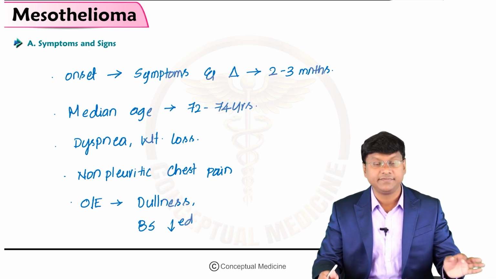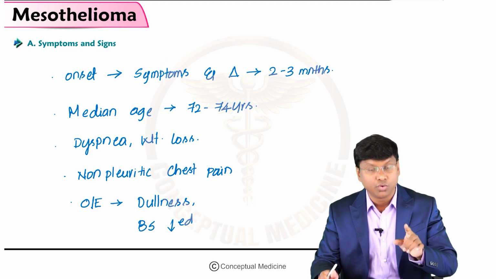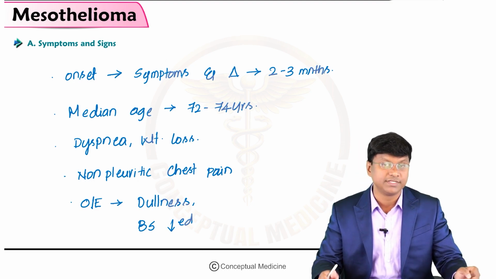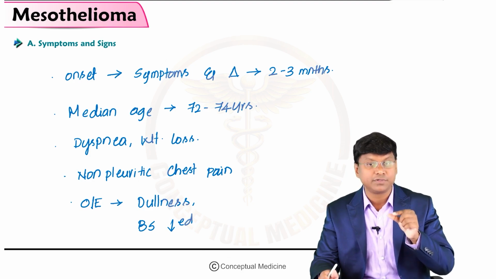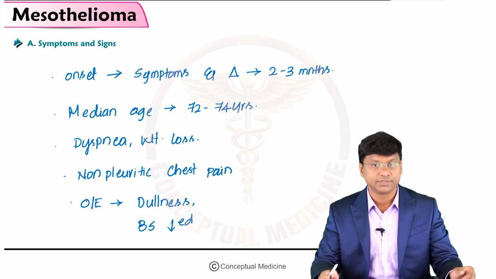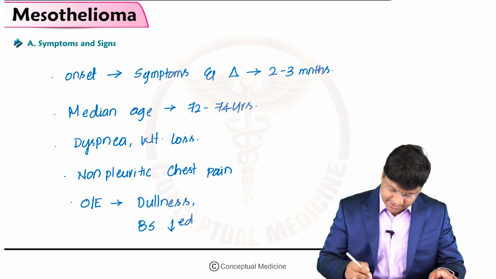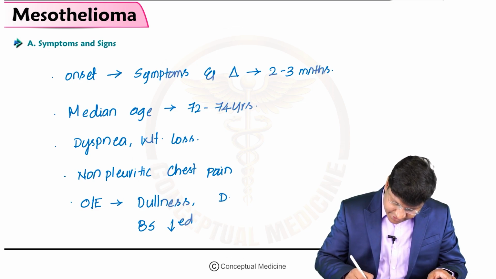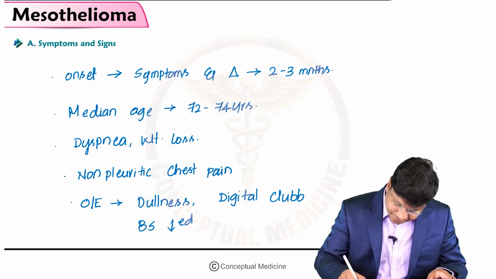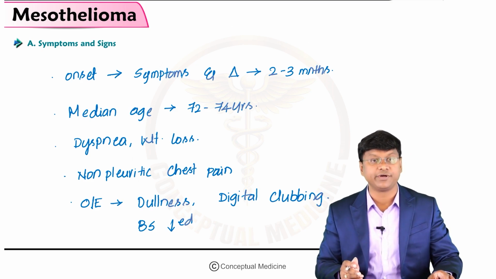The same applies to percussion. The normal note over the lung is resonant, but because of the pleural thickness, that resonance is impaired, so there will be a dull note. There will be diminished breath sounds, and in some cases you can also observe digital clubbing in the fingers. So these are the clinical manifestations and examination points in patients with mesothelioma.